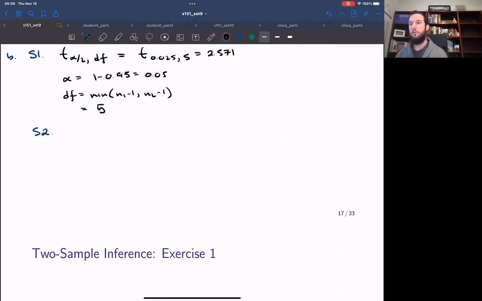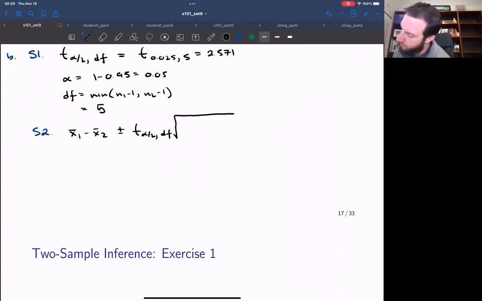Okay, so then on step 2, we're going to compute our confidence interval. So the formula here is x bar 1 minus x bar 2 plus or minus t alpha over 2 on some degree of freedom, multiplied by the square root of s1 squared over n1 plus s2 squared over n2.